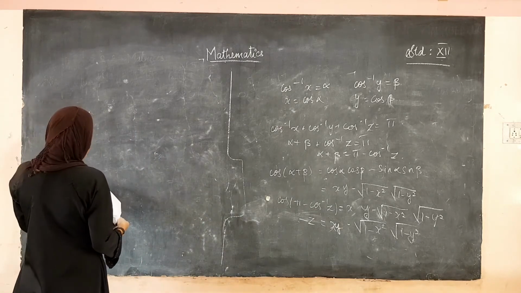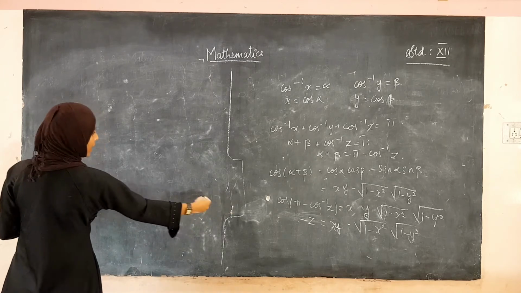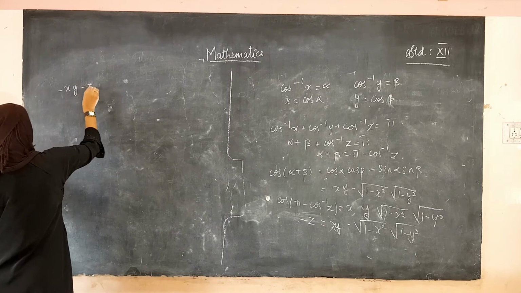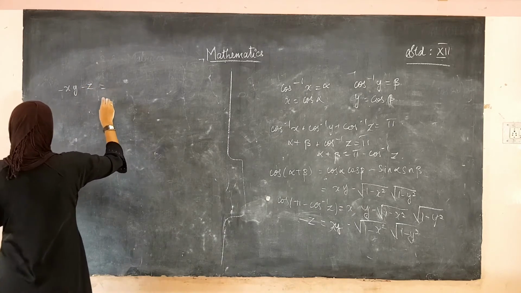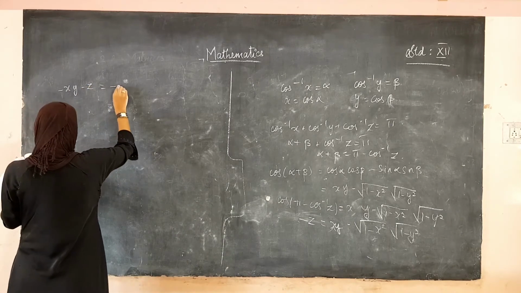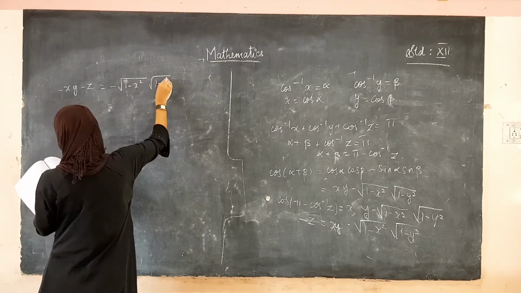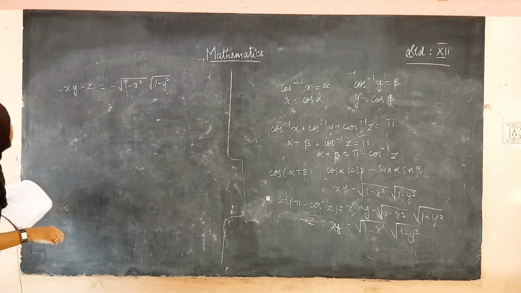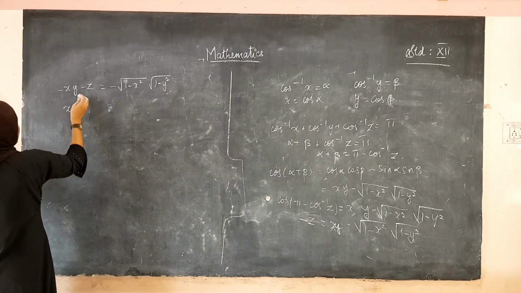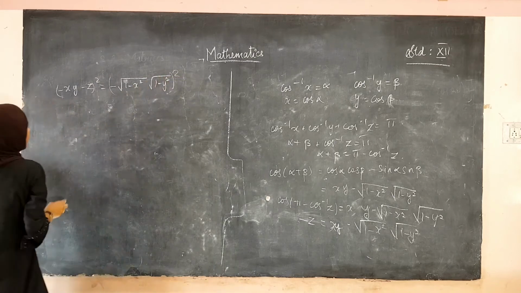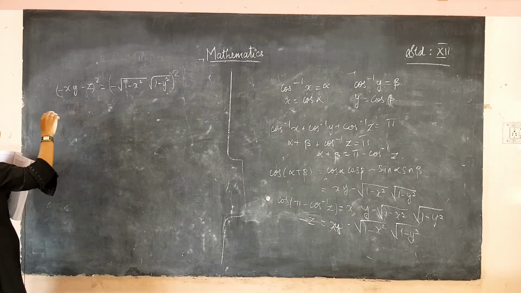So what happens this side? You bring the minus xy to the left hand side. Minus xy minus z will be equal to minus root of 1 minus x squared into root of 1 minus y squared. So after squaring on both sides, what happened? After squaring, this will be taken as a plus b the whole square.